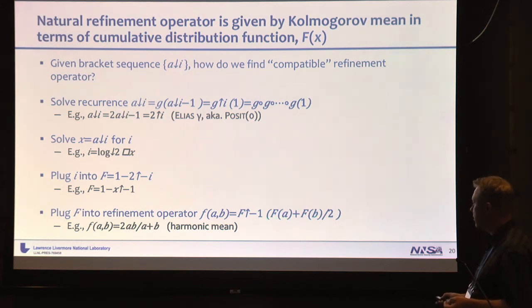Then you apply the inverse function to that, and that gives you exactly the split point where half of the numbers are less than this new number, f of a comma b, and half of them are above it.